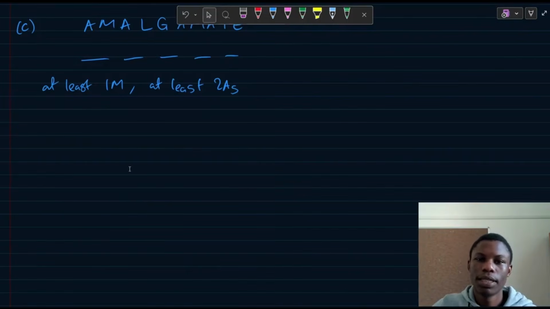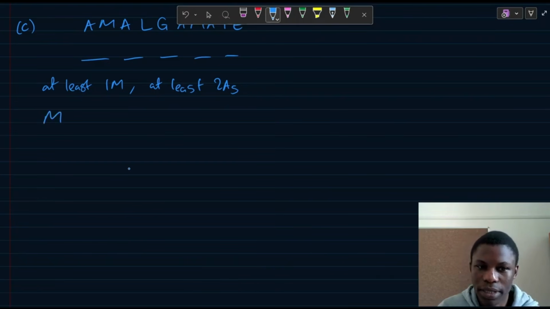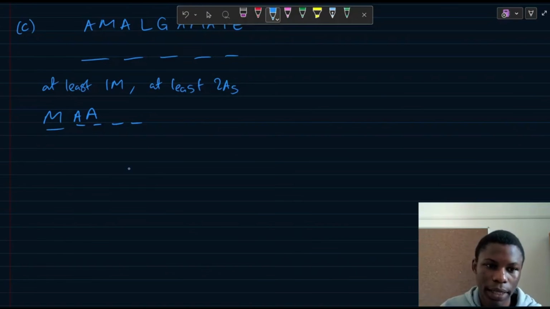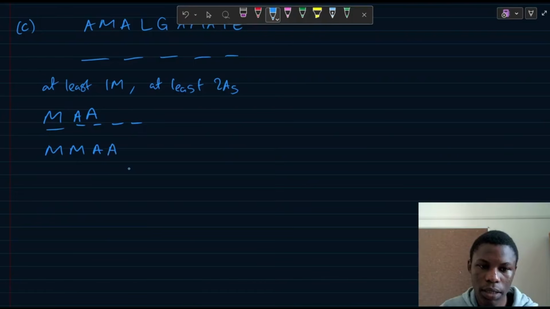Okay, so let's write down all the possible scenarios that satisfy this restriction of at least one M and at least 2 A's. For starters, the most obvious one, M, A, A. And that means we'd have 2 free slots since we're selecting 5. And then I could also have 2 M's, 2 A's, and then 1.